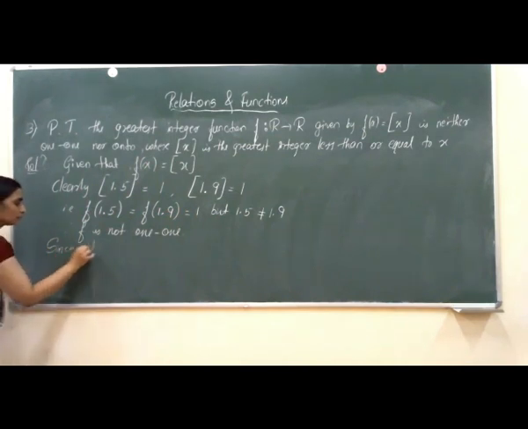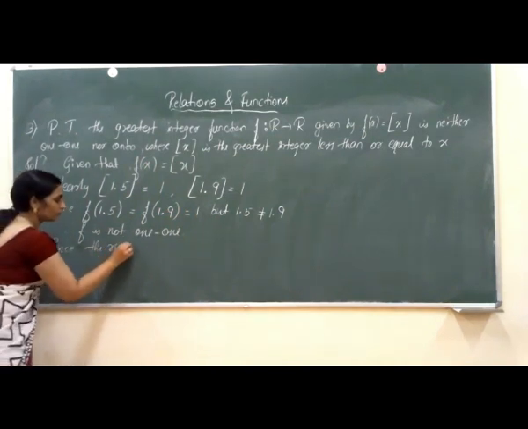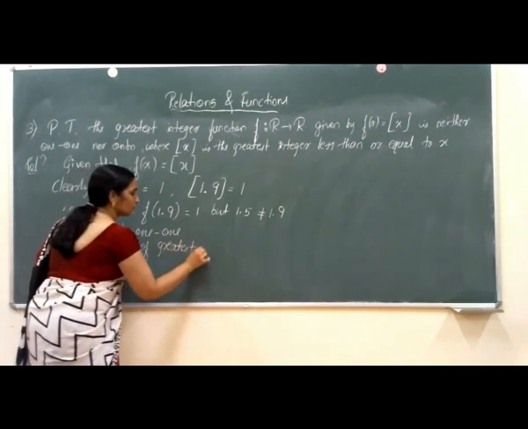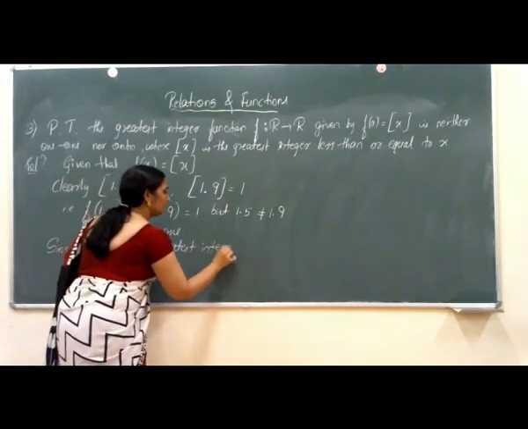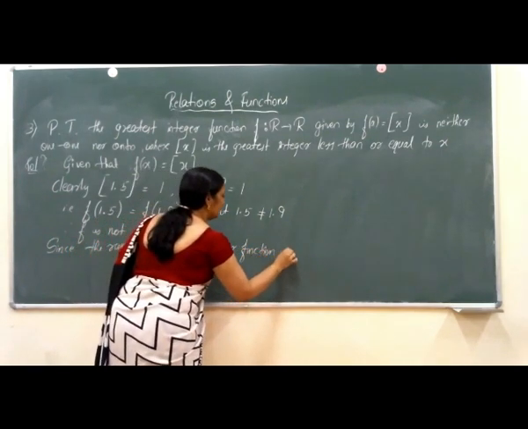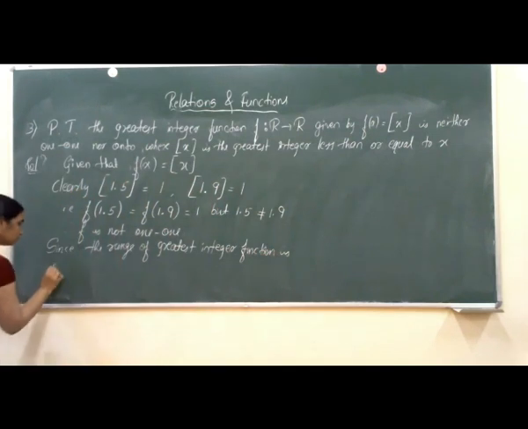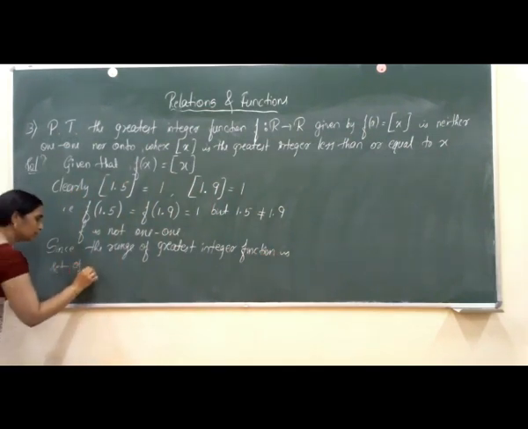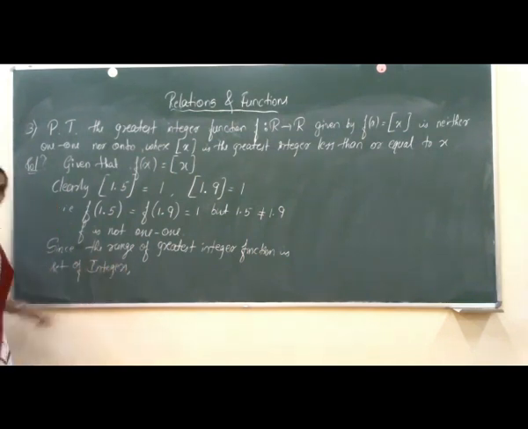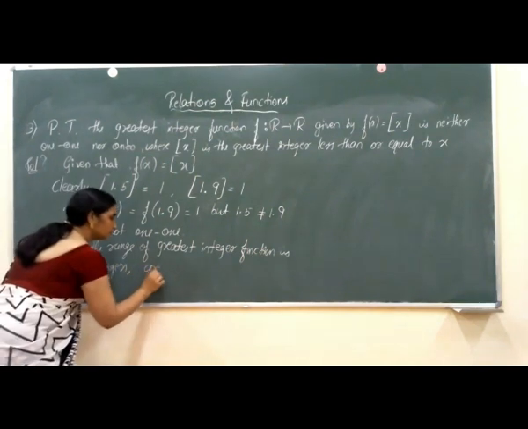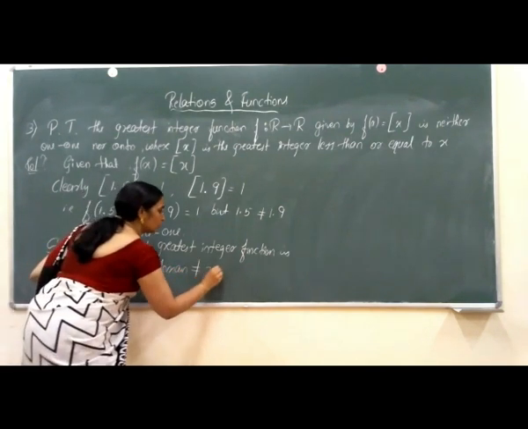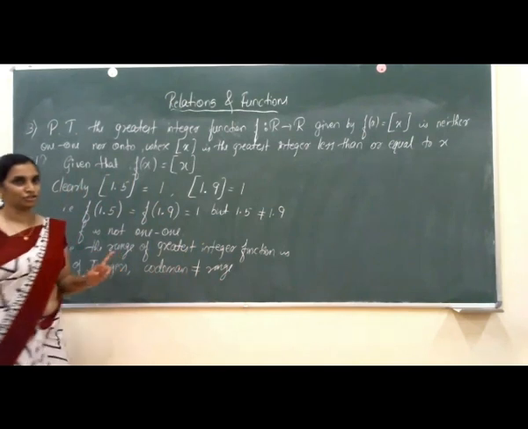Since the range of the greatest integer function is the set of integers, codomain is not equal to range.